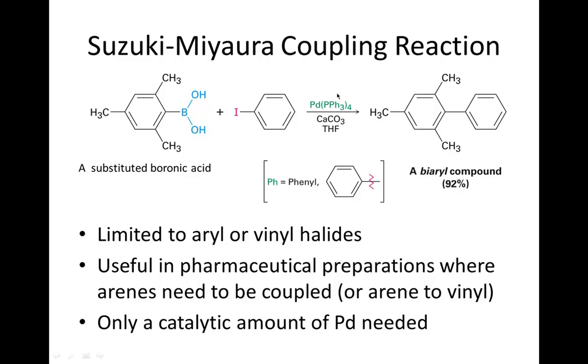And this palladium material is intervening here to cause this coupling. And so the boron comes off, and this whole chunk of stuff comes off, and you can couple these two rings together and make another kind of coupling reaction, but it's specifically for aromatics. Now, one other thing, we abbreviate a benzene ring as a group.